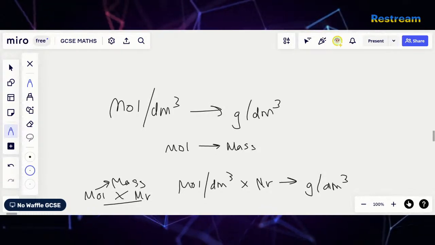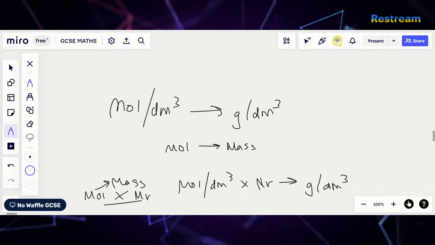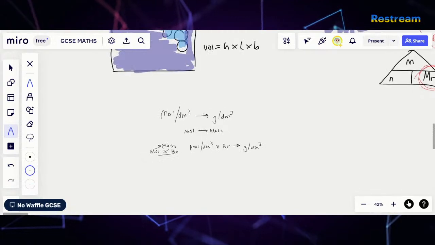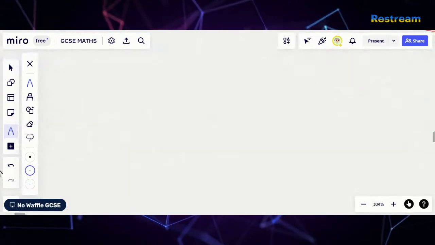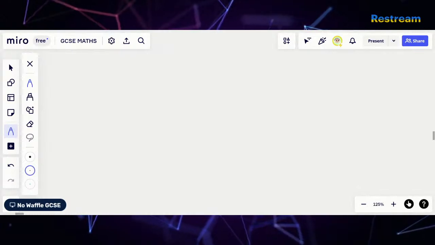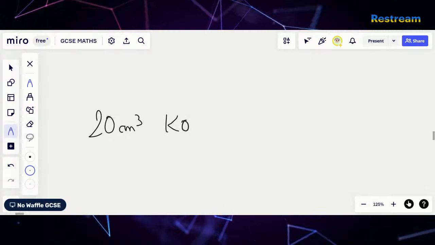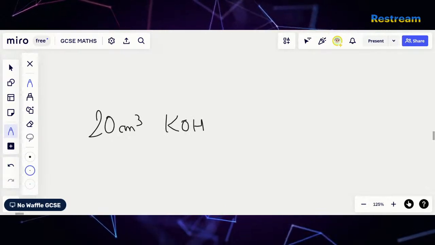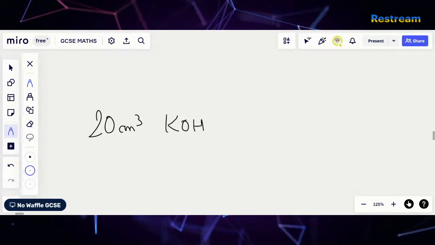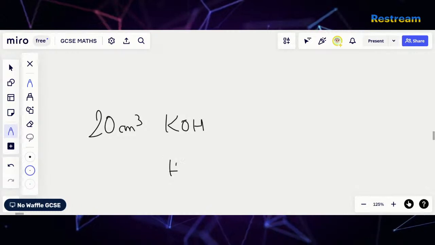Now you're often given titration questions, which you have to do calculations in. So we can look at a titration. 20 centimeters cubed of potassium hydroxide is placed in a flask. Using an indicator, it was titrated against hydrochloric acid of concentration.